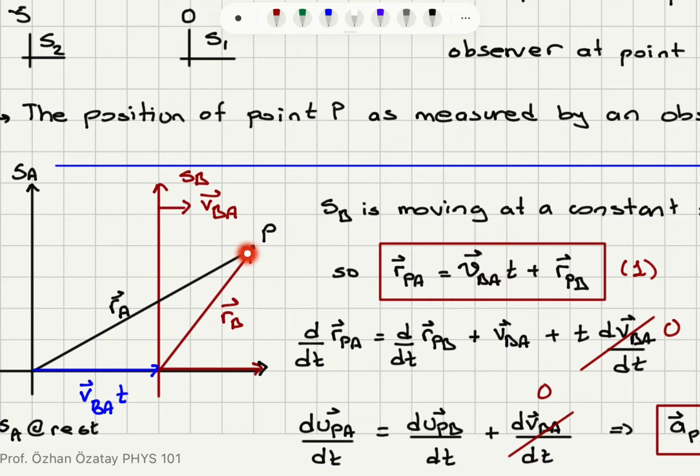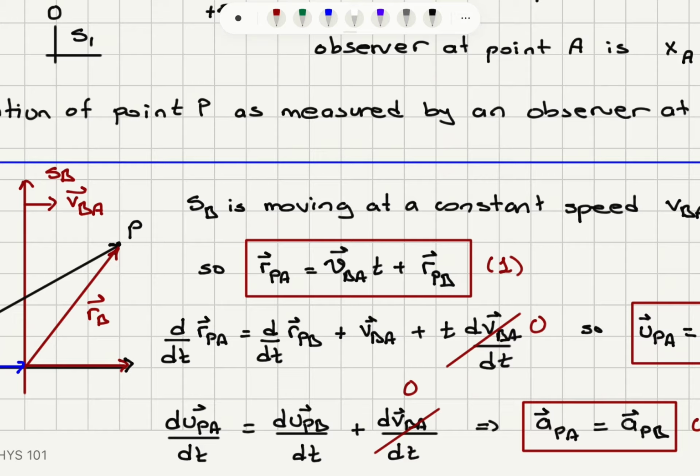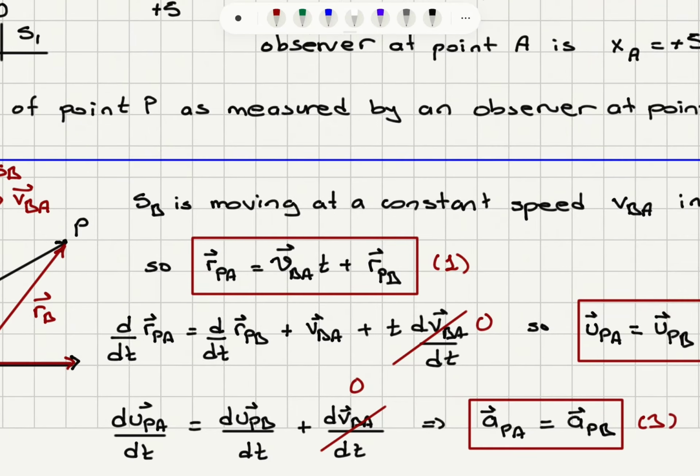You can see from this diagram that the position of the particle at point P as reported by an observer on reference frame A is VBA times t, this vector, plus the position vector reported by the B reference frame observer, RPB. If you take this equation and take a derivative with respect to time, we will be reporting the velocity of the particle.